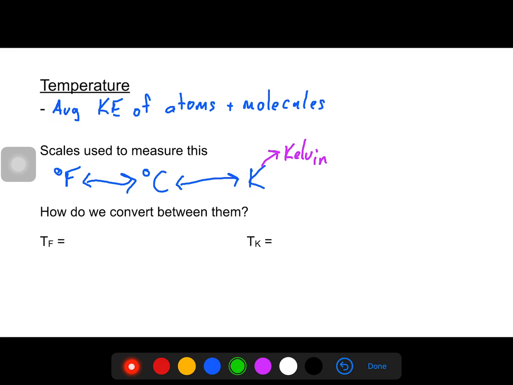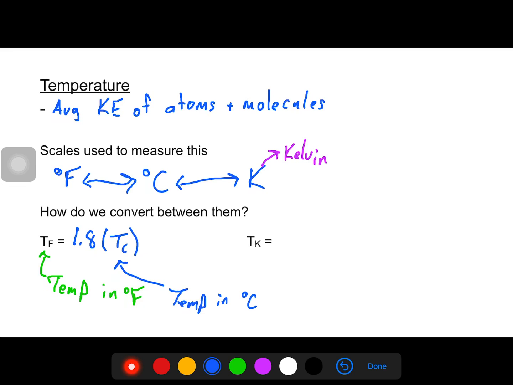So TF, our temp in degrees Fahrenheit, is equal to 1.8 times our TC, which is our temp in degrees Celsius, plus 32.